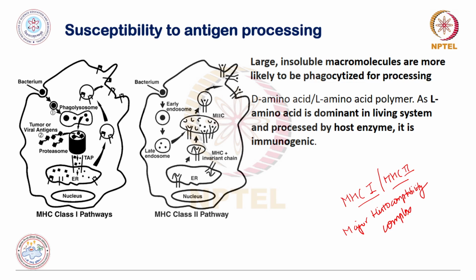There are two pathways of antigen processing. The first one is the MHC class 1 pathway, the second one is the MHC class 2 pathway. The class 1 pathway is also known as the endogenous pathway, and the class 2 pathway is also known as the exogenous pathway.